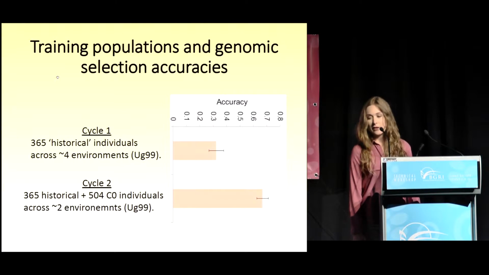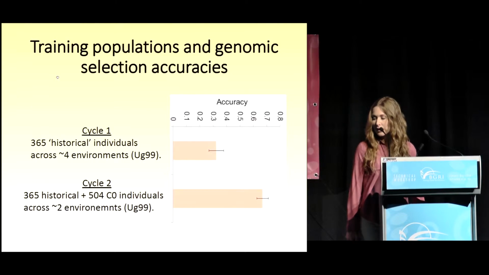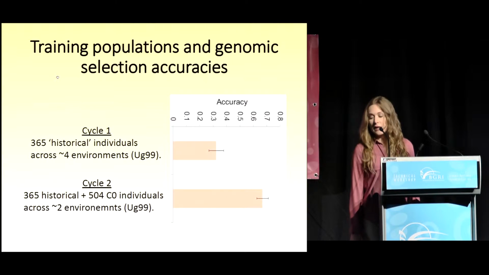The cycle 1 accuracy, as you can see here, was much lower than cycle 2, and that's pretty expected, because when we updated the model in cycle 2, we were using very closely related lines for the model training. So the cycle 1 accuracy is about 0.3, which is fairly low, and almost 0.7 in cycle 2.